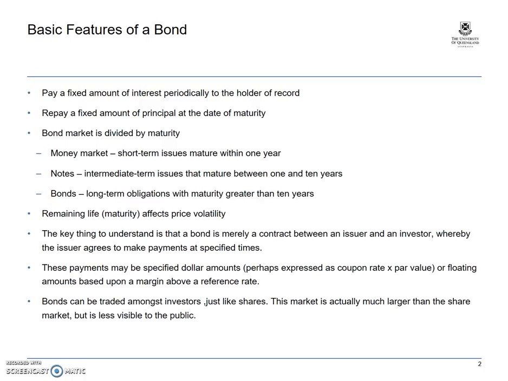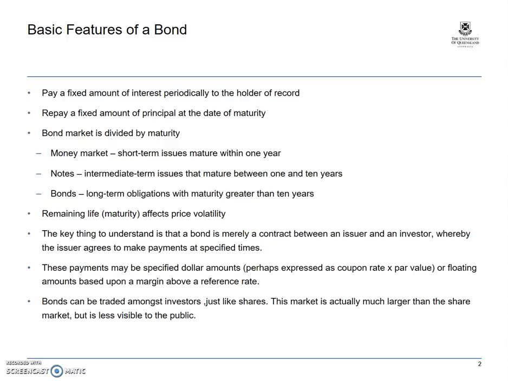Hopefully you'll recall from your introductory classes that a bond is a promise to pay a fixed amount of interest on a periodic basis to the holder of the bond and to repay the fixed amount of principal at the date of maturity.